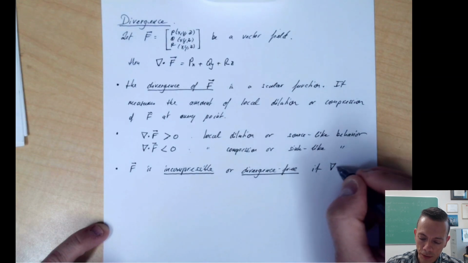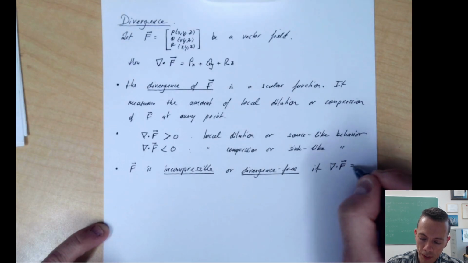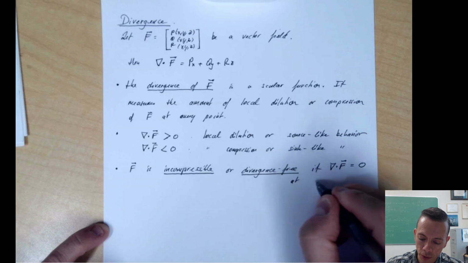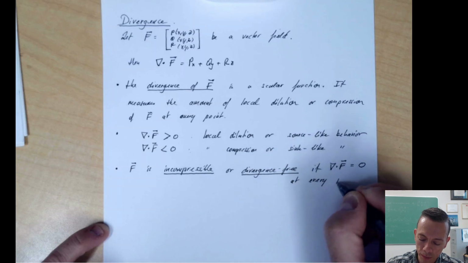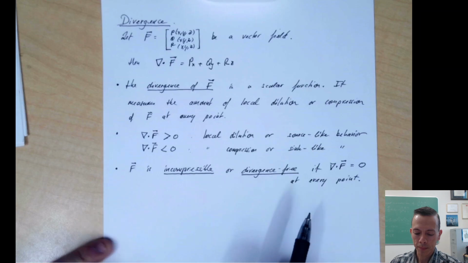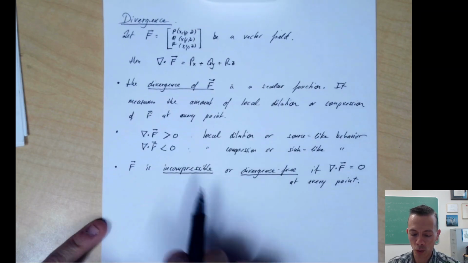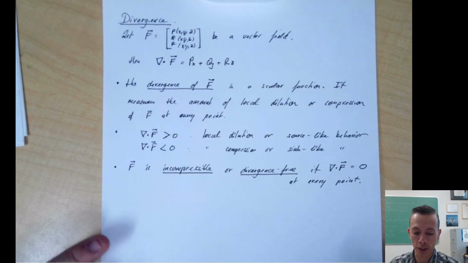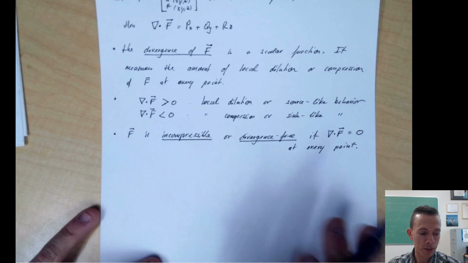And that's if the divergence of F is equal to 0 at every point. In the case of a magnetic field, the word is sometimes called solenoidal. These all mean the same thing.